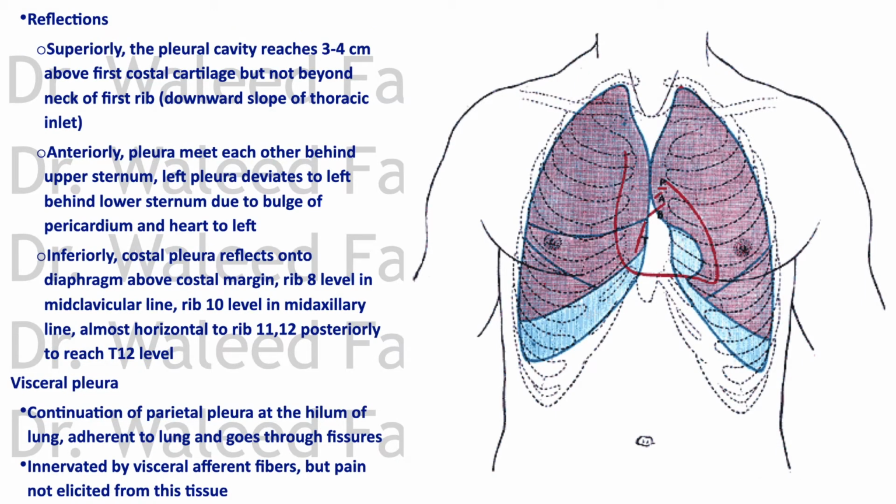Okay, it's reflected in parts. Superiorly, the pleural cavity, we said it reaches above the costal cartilage. Anteriorly, the pleurae descend together and they meet behind the body of the sternum in the midline, but at the level of the fourth costal cartilage, the left side pleura deviates to the left and then back again to the sixth costal cartilage.